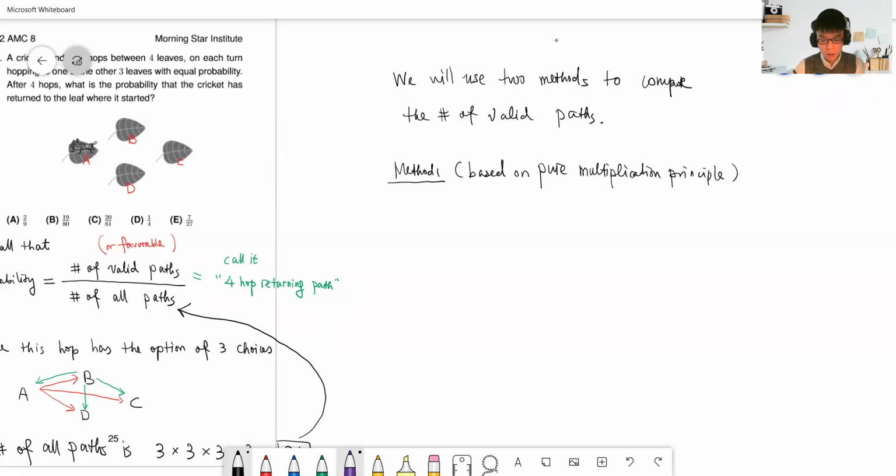Let's draw these 5 positions. The cricket starts from A and goes to the second leaf after 1 hop, the third leaf after 2 hops, the fourth leaf after 3 hops, and finally, it returned to A. This is a typical 4-hop returning path.